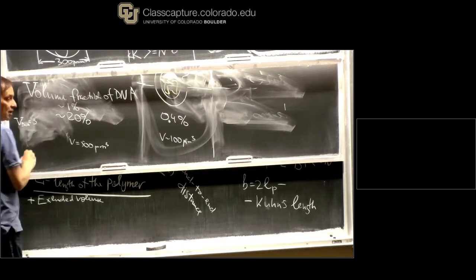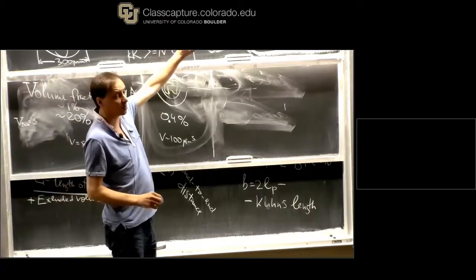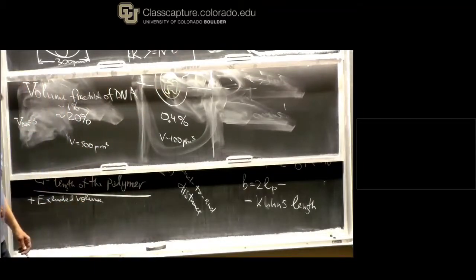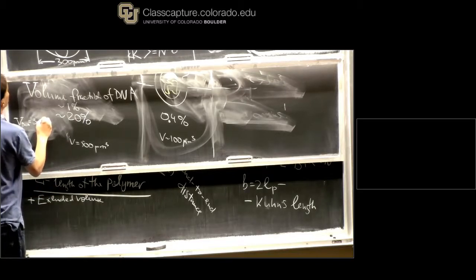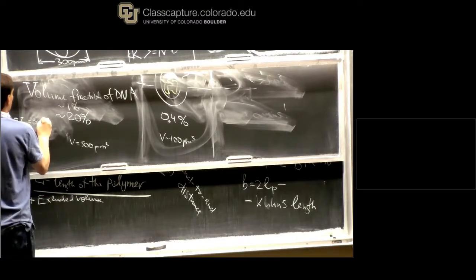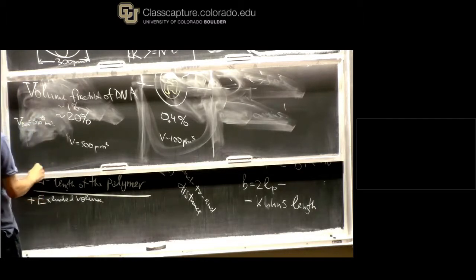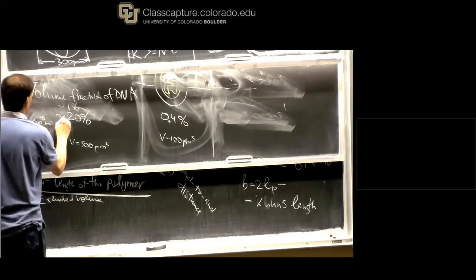3 squared nanometers, right, of the cross section. That's the cross section times the length. The length we have already in micrometers. So this is 3 nanometers, 3 10 to the minus 3 if we want in microns, squared, times 10 to the 6 nanometers.